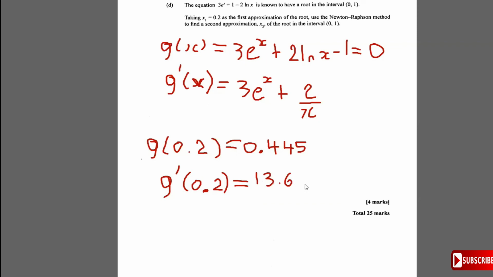And to use the Newton-Raphson method, the second approximation x2 is equal to x1 minus g of x1 over g prime of x1.